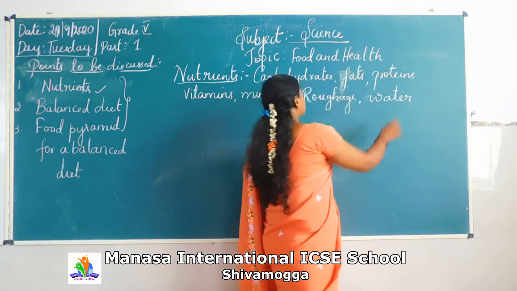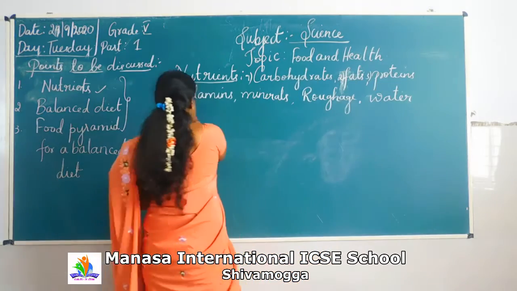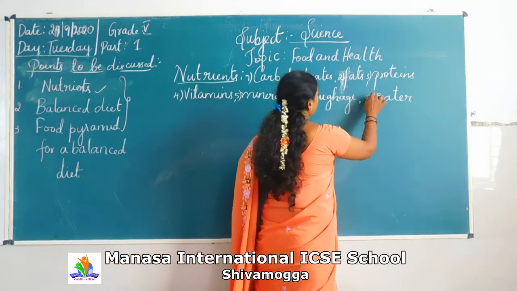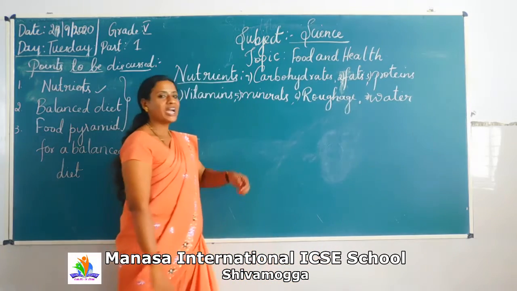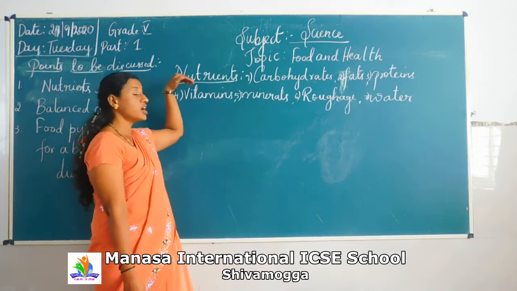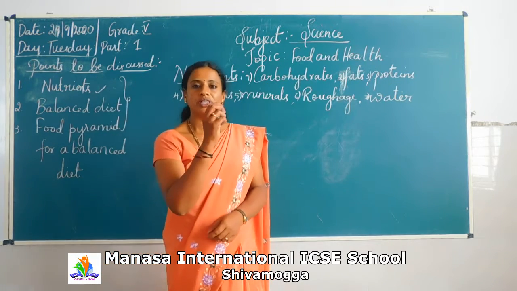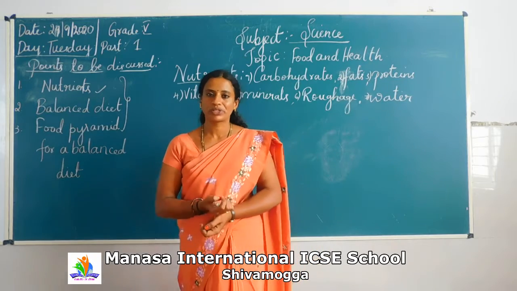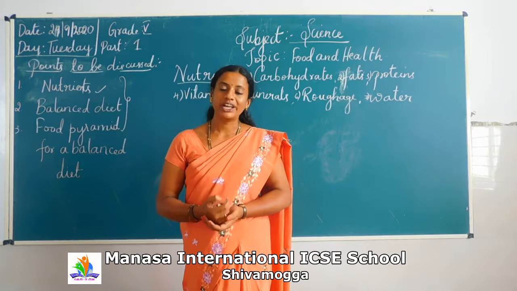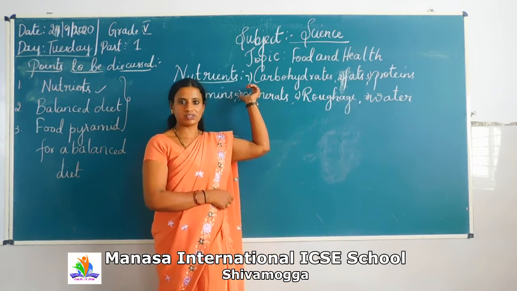Okay? So we have 7 constituents of the food, and these constituents are known as nutrients. A diet is nothing but the food, right? So the food that we consume should be enriched with all these 7 important nutrients.